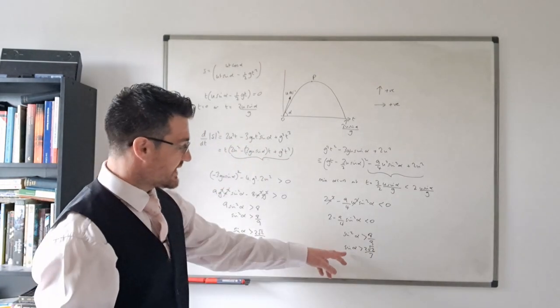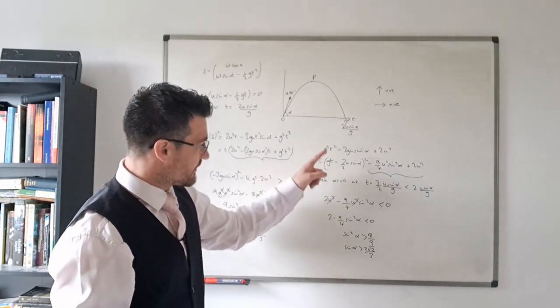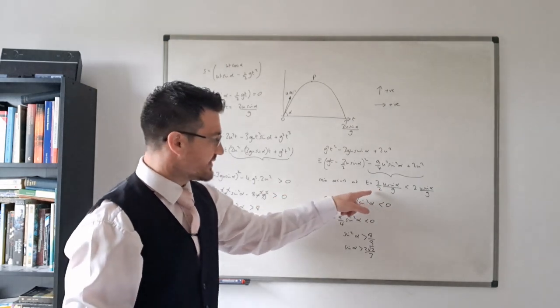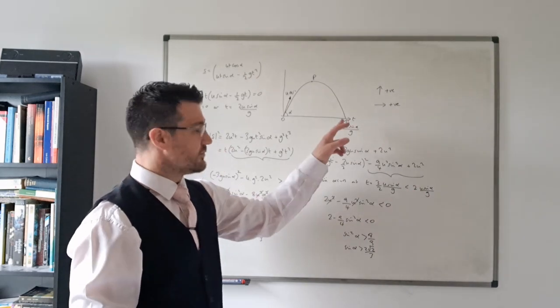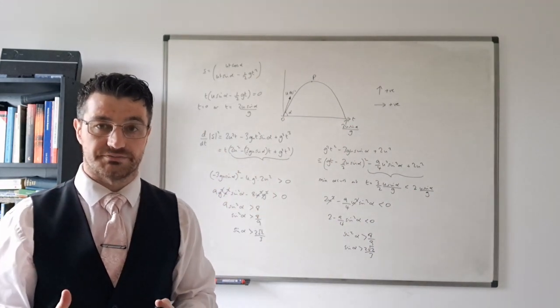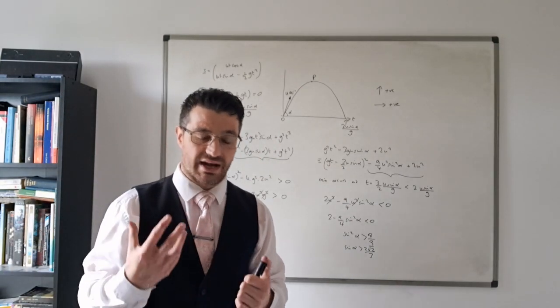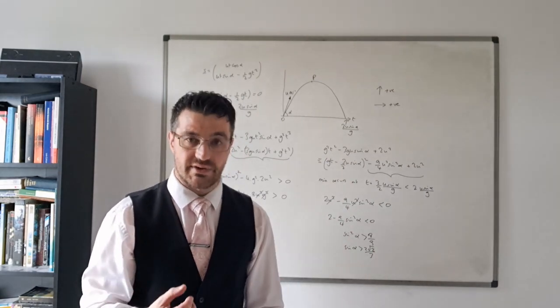So for values of sine alpha greater than 2 root 2 over 3, the minimum value of the function is going to be less than 0. I know that the minimum occurs at this time, which is less than the value of t when the particle lands. Therefore, I've shown what I needed to show. So again, make sure you clearly write your interpretation of these things in your exam scripts.